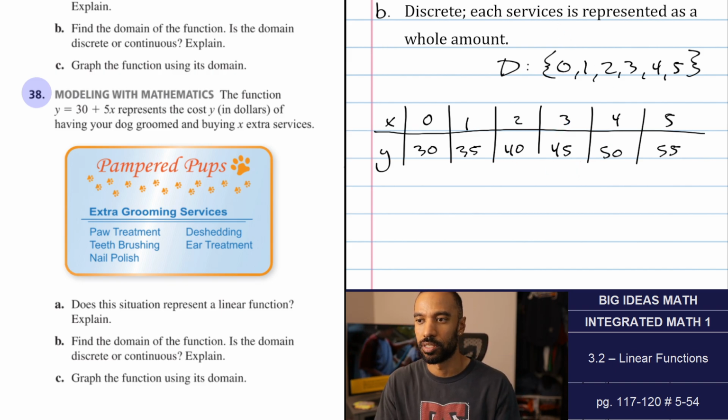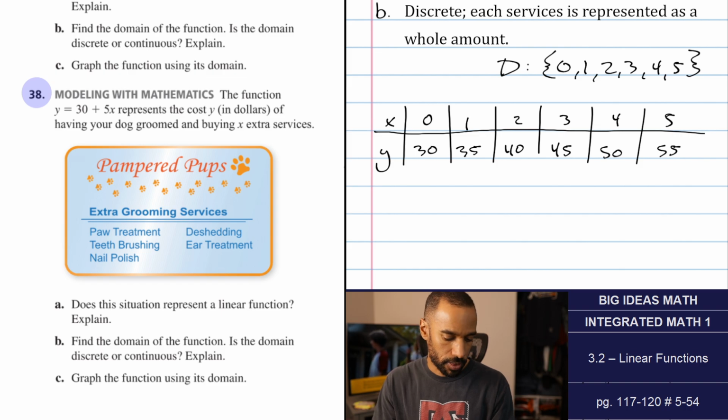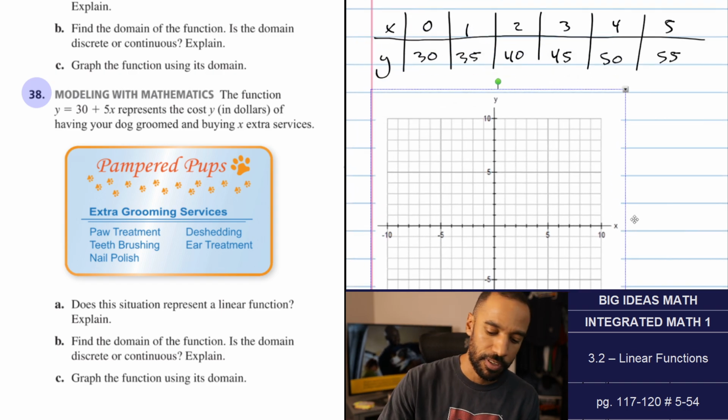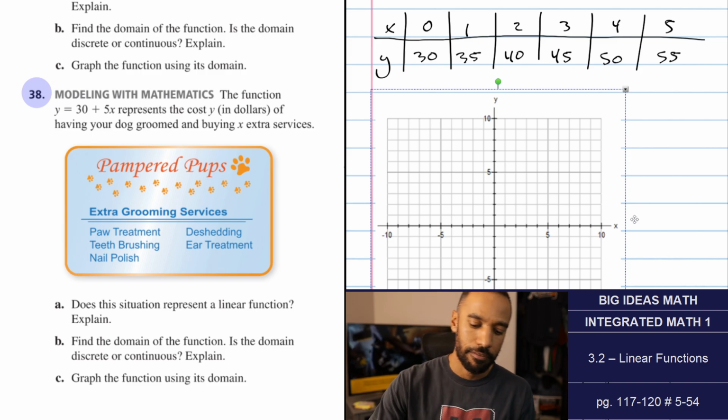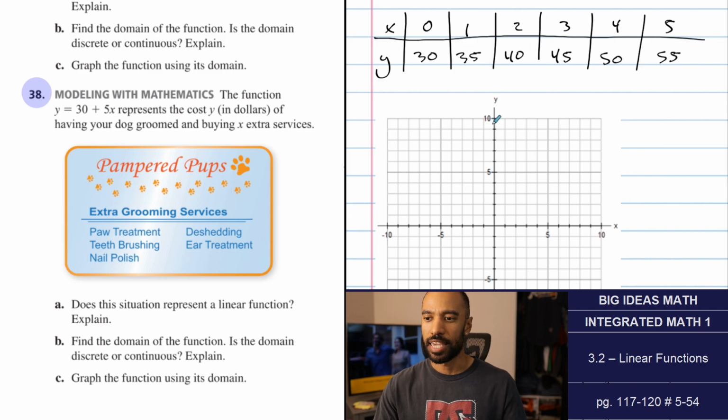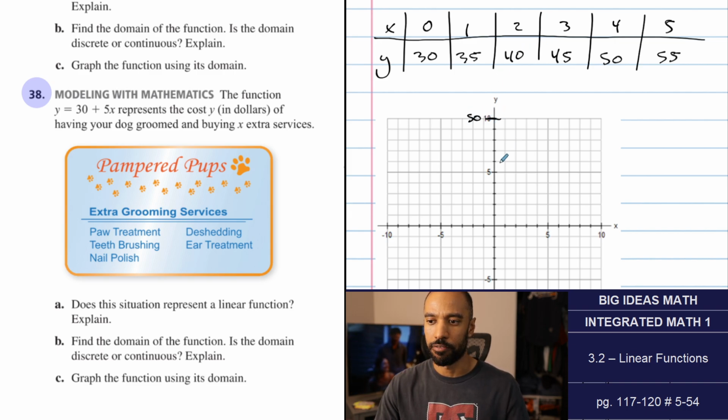Anyway, we got to graph this. Right? So for this one, it's discrete, so we won't connect points. We have to go up to 55. That's one of my versions of saying 55 is just 5 more than 50. So if I capped this off at 50, then I could get perfect increments of 5 here. So when x is 0, y is 30.